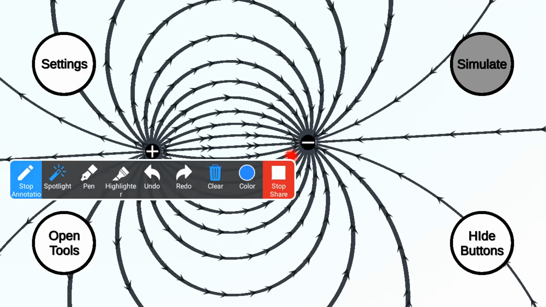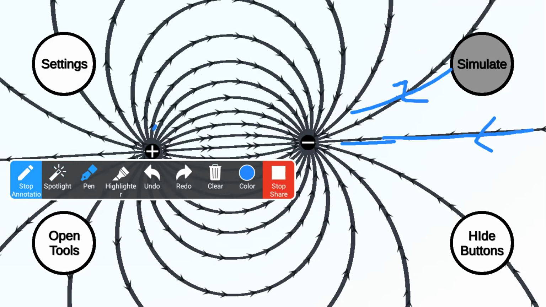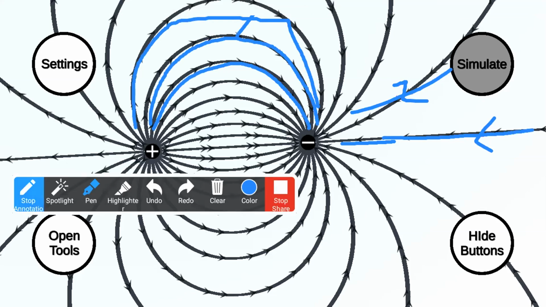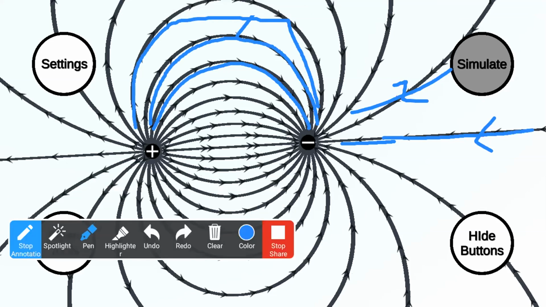What is happening? See here, where the line comes from. It comes from infinity. It is also coming from infinity. If the possibility is there, it will make a connection with this. As the distance is nearby, these field lines will go and end here, because the positive has to end with the negative only. Whatever lines are coming outside will end here.